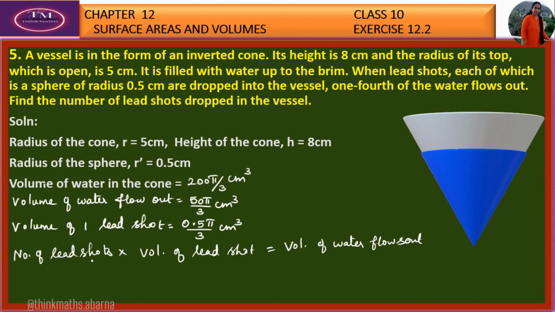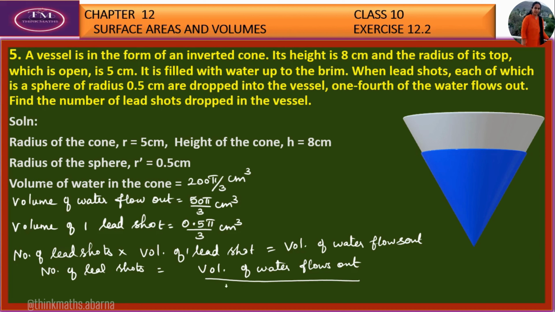So if you put some lead shots and multiply by the volume of one lead shot, it will be equal to the volume of water flowing out. So the number of lead shots will be equal to the volume of water flowing out, divided by the volume of one lead shot. This is in multiplication, so it will come to division.